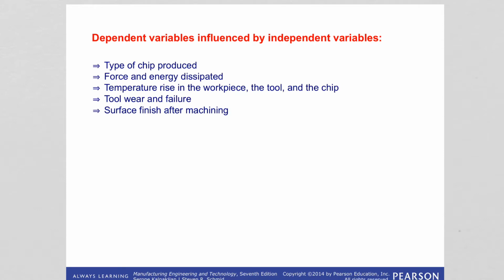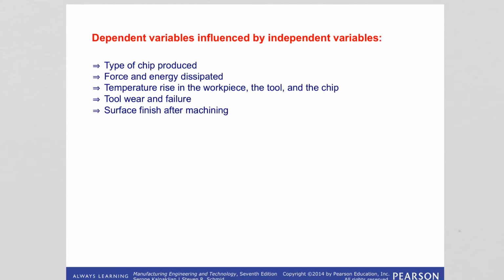There are also dependent variables, meaning they depend on the independent variables listed previously. For example, type of chip produced, force and energy dissipated, temperature rise in the workpiece, the tool and the chip, tool wear and failure, surface finish after machining.